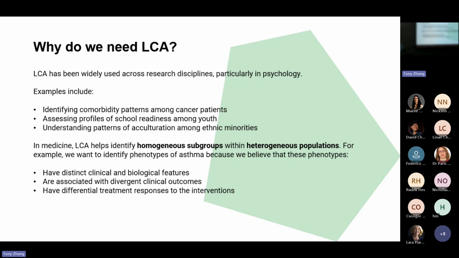For example, we may want to identify phenotypes of asthma because we believe different phenotypes have distinct clinical and biological features, are associated with different clinical outcomes, or have differential treatment responses to interventions. So we are interested in the subgroups.